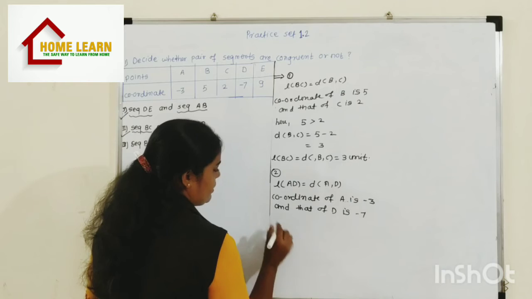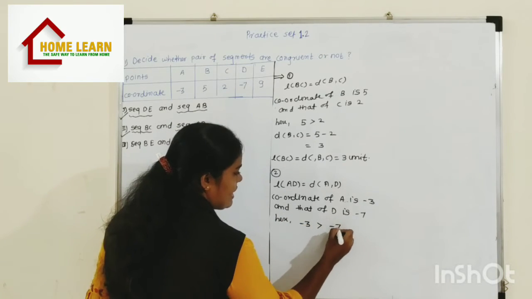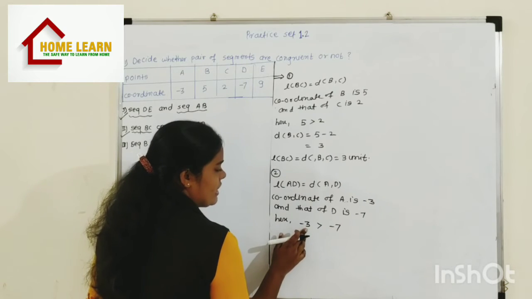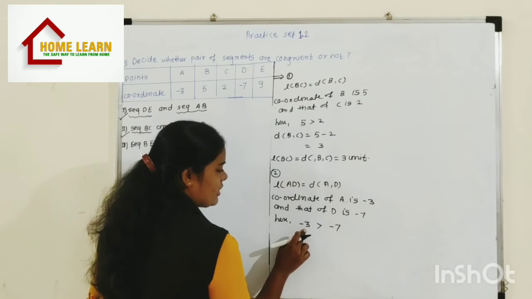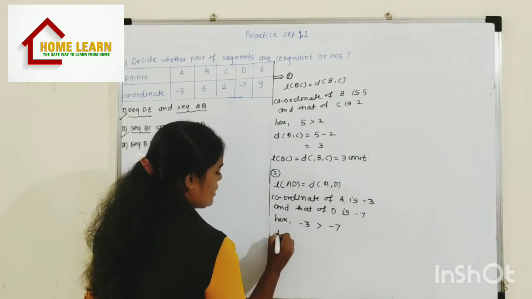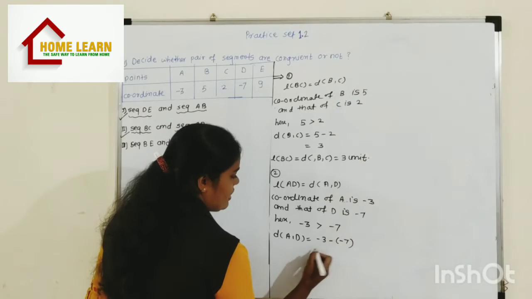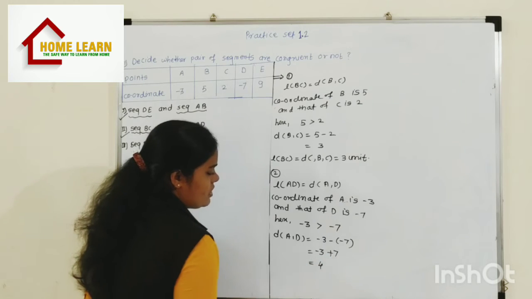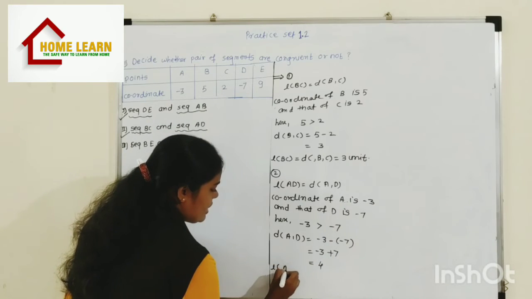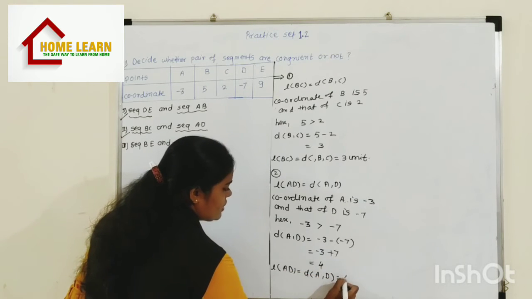Here -3 is greater than -7, as -3 is on the right hand side and -7 is on the left hand side. So we can say that -3 is greater and this is smaller. So the distance between point A and D is equal to -3 minus -7. -3 write as it is, and this minus becomes +7. And by this we get the answer 4. So right here the length of segment AD is equal to the distance between point A and D, which is 4 units.